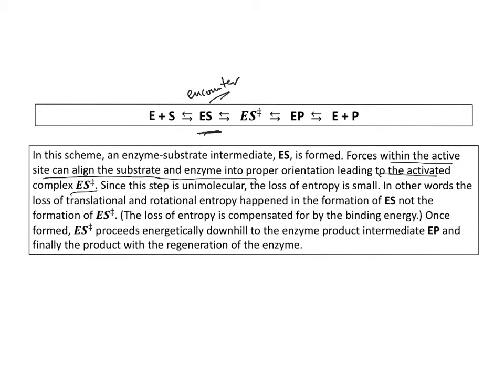We talked about that a little bit when we were talking about diffusion-controlled experiments. The loss of entropy is compensated for by the binding energy. Once formed, ES dagger proceeds energetically downhill to the enzyme product intermediate, EP, and finally the product with the regeneration of the enzyme.